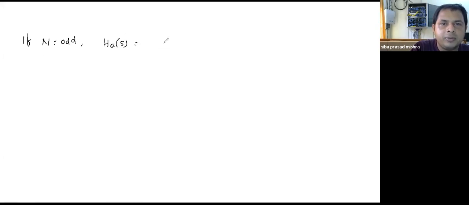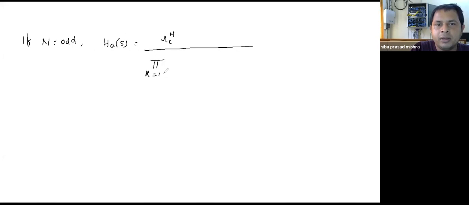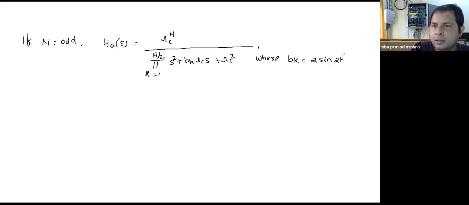H(s) equals omega_c to the power n divided by the product over k from 1 to n/2 of (s squared plus b_k omega_c s plus omega_c squared), where b_k equals 2 sin((2k minus 1) pi by 2n). Oh, sorry, I said odd earlier, this is for n even.